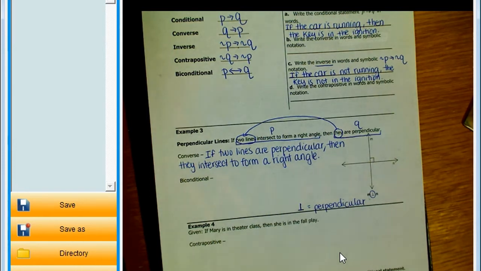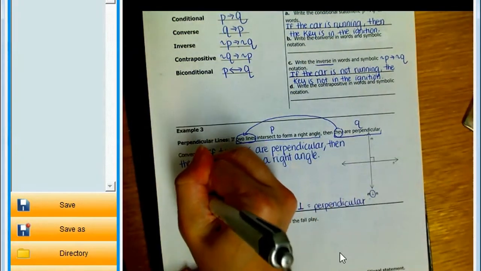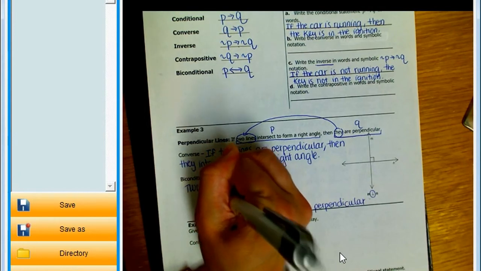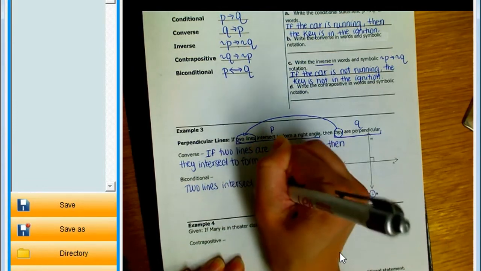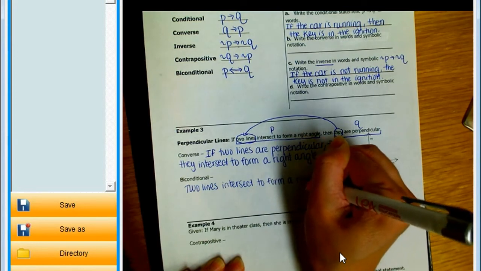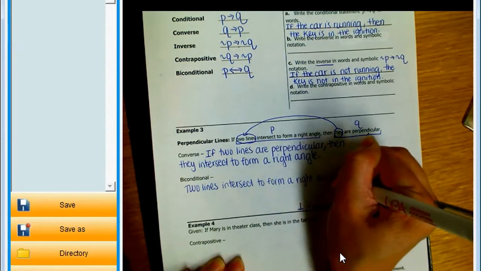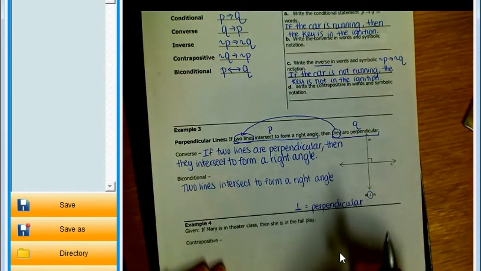Let's look at the biconditional. We are going to use our original conditional statement above. If two lines intersect to form a right angle, then they are perpendicular. But we are going to eliminate the words if and then. So first, let's write our hypothesis. Two lines intersect to form a right angle. Now, between our hypothesis and conclusion, we are going to write if and only if.